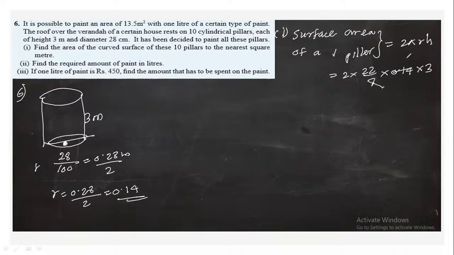This is 0.2, 44 into 0.2, 8.8, into 3. 3 times 8 is 24, and 3, that gives 27.4 square meter.